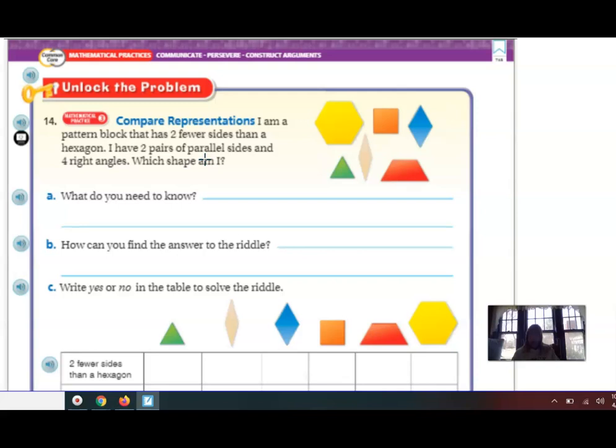So we know that it has 2 fewer sides than a hexagon, so that would be 4. We know that it has 2 pairs of parallel sides, which means 2 parallel. And then it has 4 right angles. So go ahead and find it.